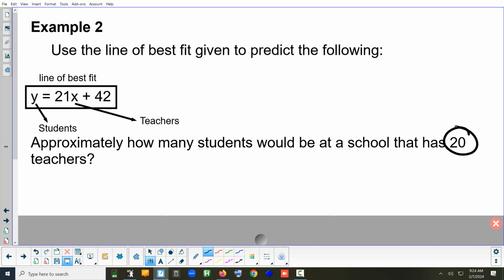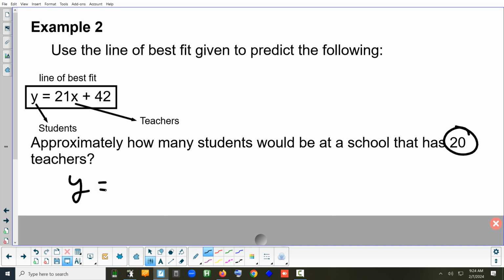Where would the 20 get filled in? Is the 20 x or y? The Y? So what's the 20? It's 20 what? 20 teachers. Yeah. Which one is teachers? X. So we're going to take 20 teachers and fill that in for x.